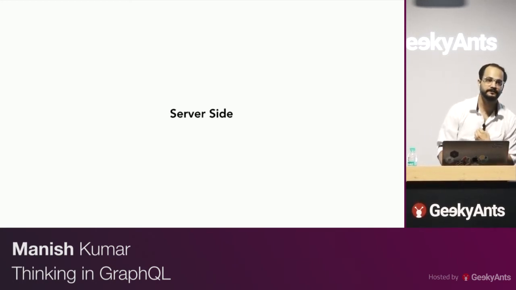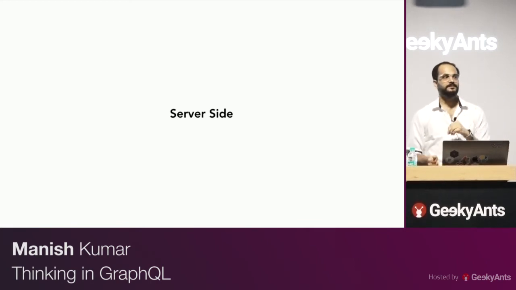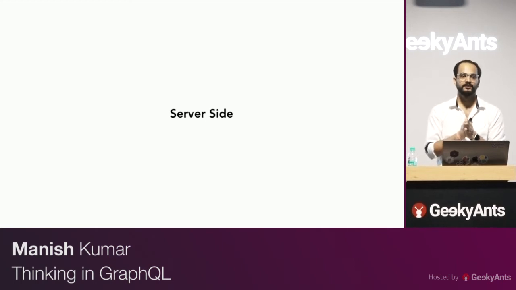How is fragment different from a query? So fragment, like I said, if you have to query for a user, let's say, and you need 2 queries on a single page where you are querying for a user with exactly the same attributes, it's just that you are passing something different, right?